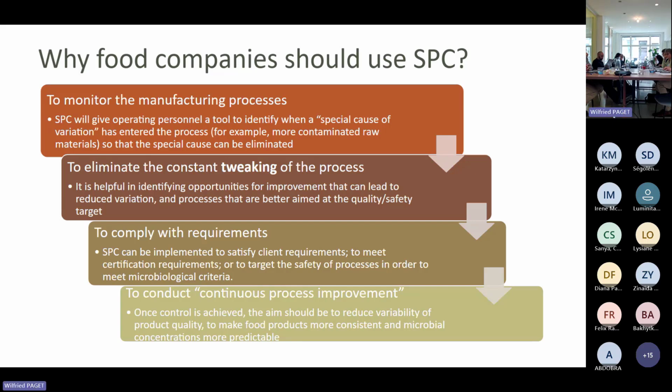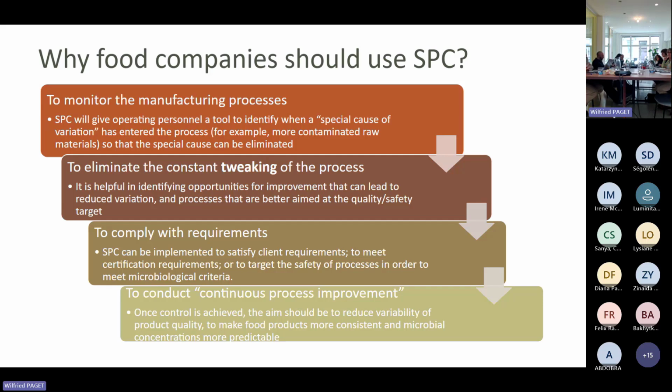We also want to comply with the requirements. There are some requirements that we need to comply with, so we can use statistical process control to satisfy the client requirements, to meet certification requirements, or to target the safety of the process in order to meet microbiological criteria. And finally, we can use these tools to conduct continuous process improvement.